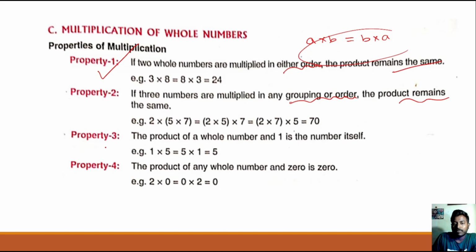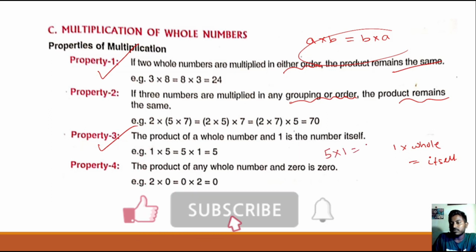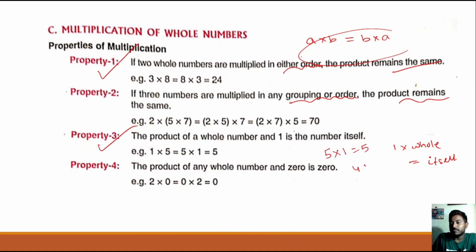Next property: when you multiply 1 with any whole number, the product is the number itself. For example, 5 into 1 is equal to 5, and 495 into 1 is equal to 495.